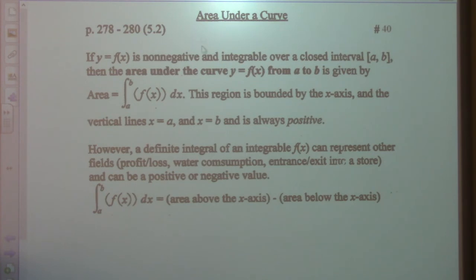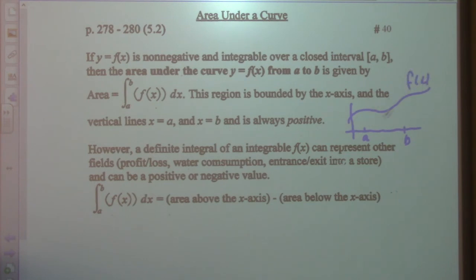And so when you have these boundaries in place, this represents a region bounded by the x-axis and vertical lines x equals a and x equals b, and says it's always positive. So just a quick sketch of what that looks like: you have the sketch of a function right here, and at a and at b, this is going to be our function f of x.